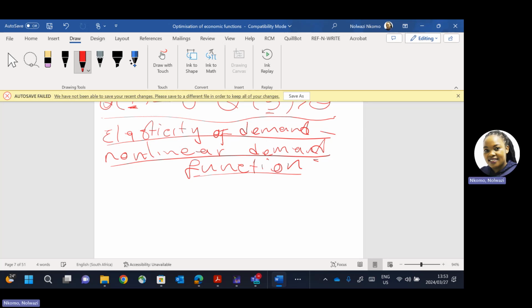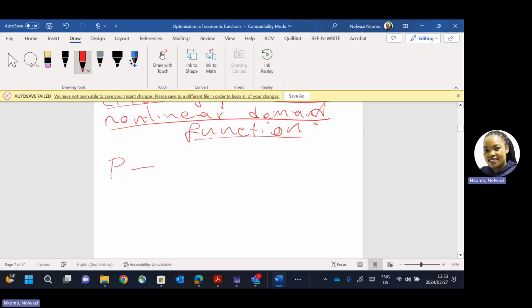Okay, suppose you are given a demand function as P equals A minus B Q. To calculate the point elasticity of demand for this linear function, this is what you'll use.